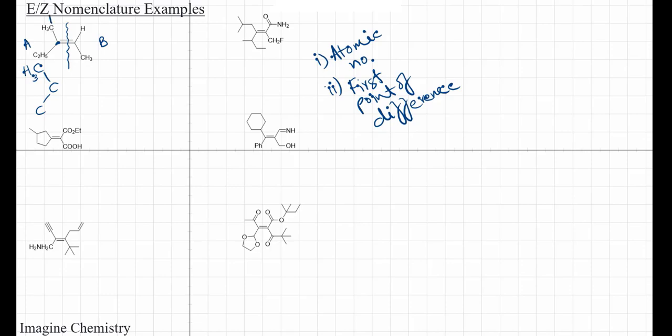So this is a methyl group, CH3. It has three protons directly attached to it. Whereas the second group is an ethyl group, CH2CH3. So it is attached like this.